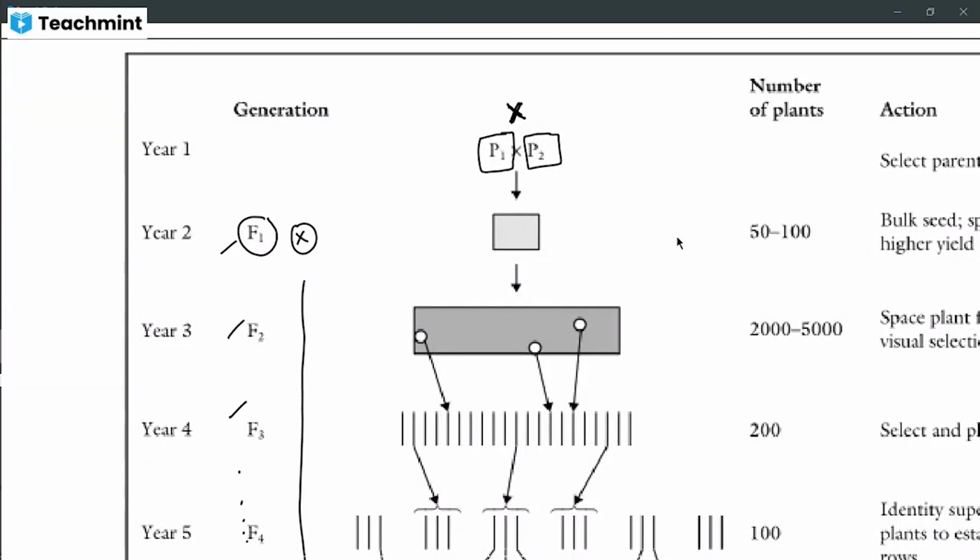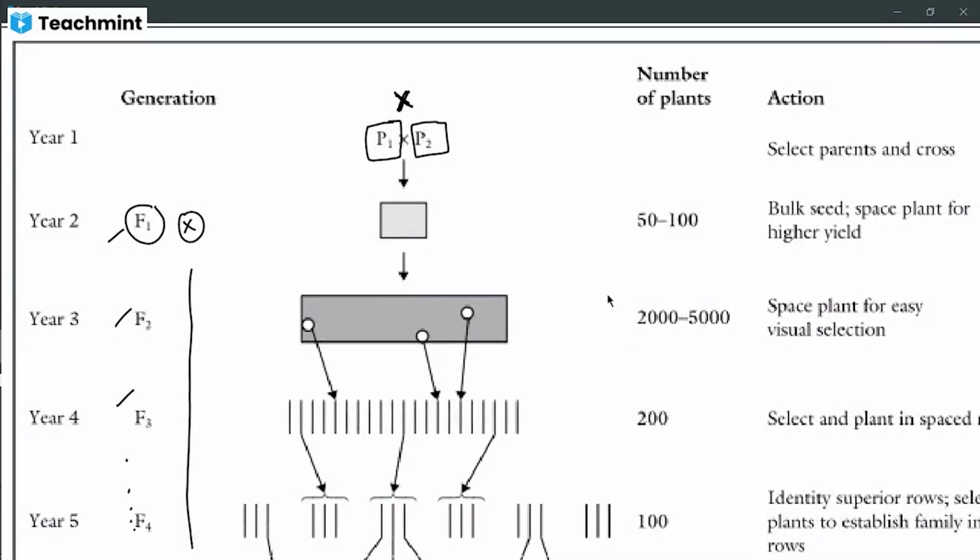After raising your F1, it is clearly mentioned what the steps involved in pedigree breeding are. Point number one, we need to choose the parents and then perform hybridization between them. Then you grow the F1 in a space-planted manner. Why space planting? Because you can visualize all the plants if you grow them in a large field.